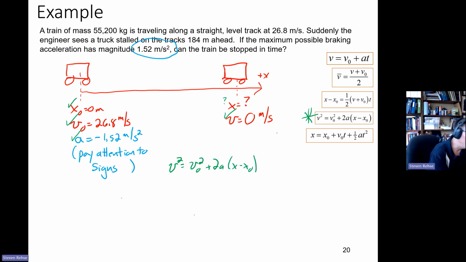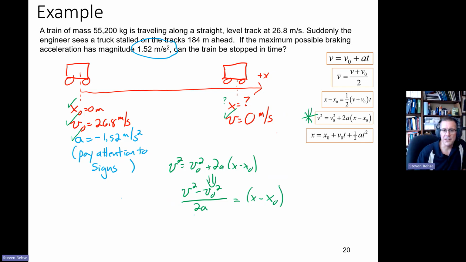You have to be able to do a little algebra to rearrange this in terms of x. So let's just rewrite it this way. That says that (v squared minus v naught squared) divided by 2a equals x minus x naught.